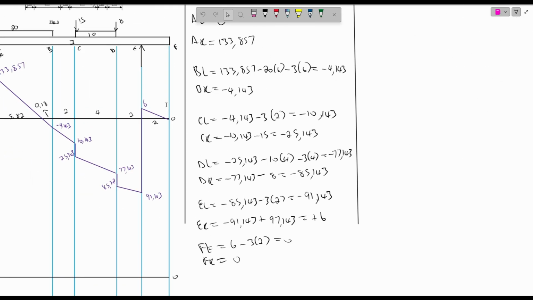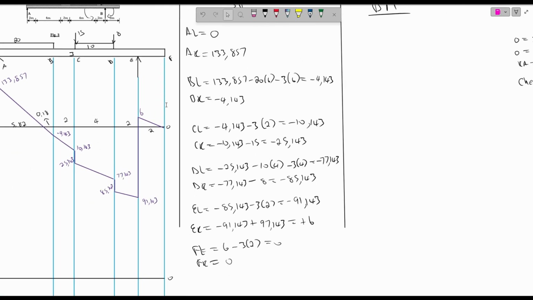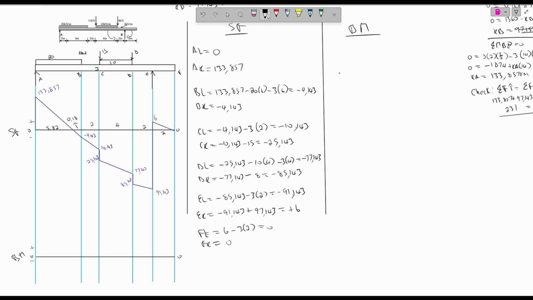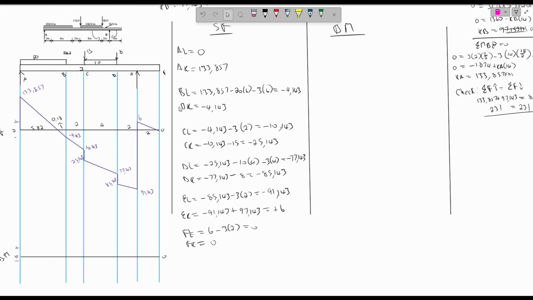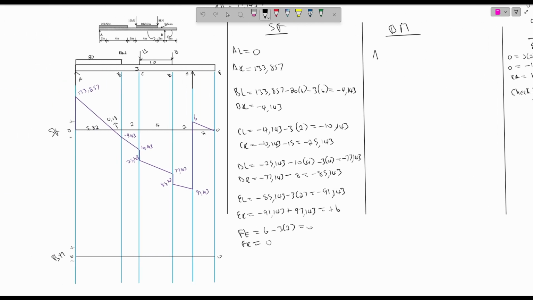Okay, now let's do our bending moment and shear force diagrams. Our bending moment calculations, I mean. So we're going to have our A left. Let's call this point A prime.